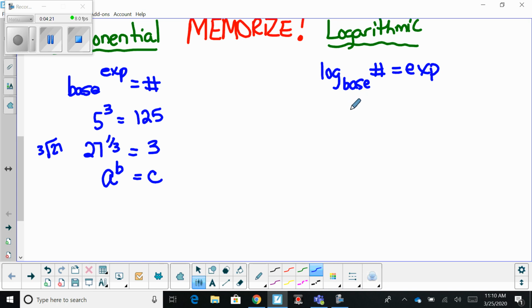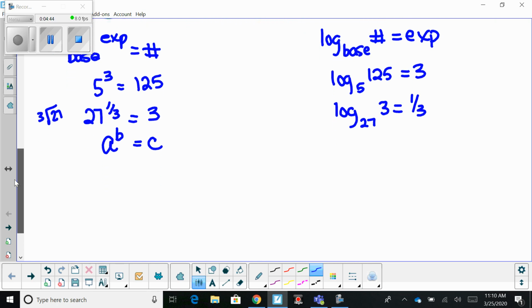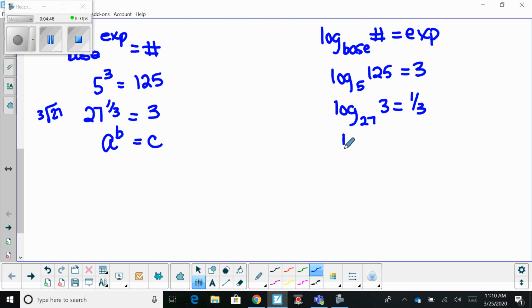It's going to be a little bitty number down below. 5 cubed equals 125 would be written log base 5 of 125 equals 3. Or log base 27 of 3 equals 1/3. Or when you really have to have it memorized is with variables, log base a of c is equal to b.